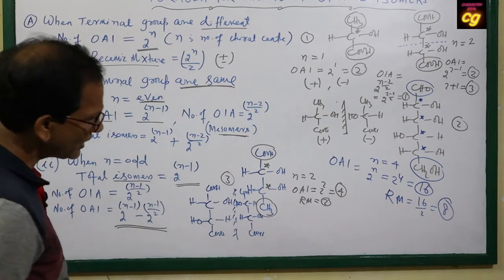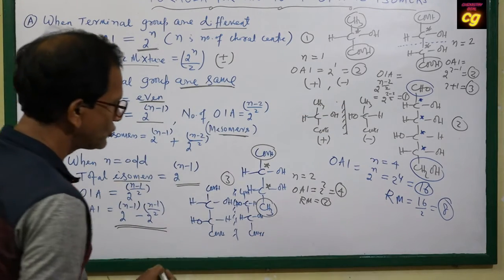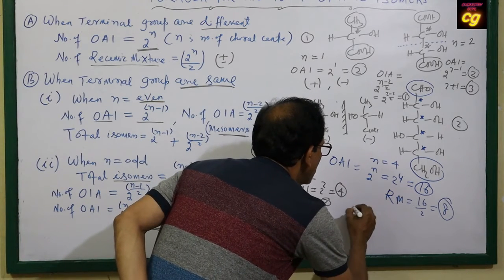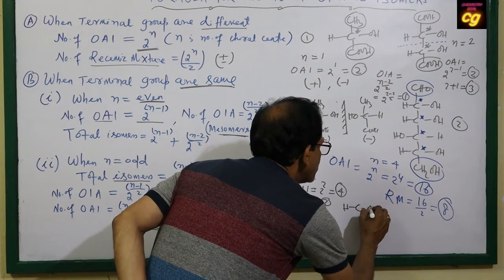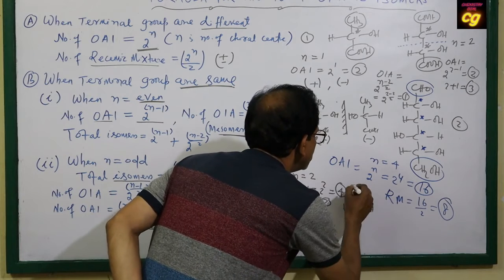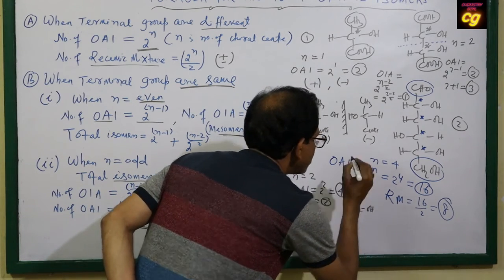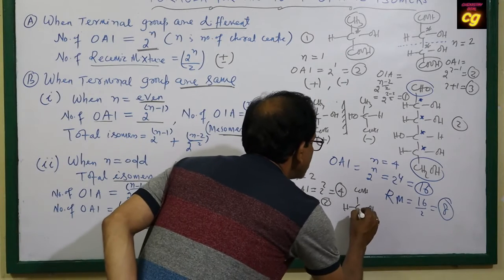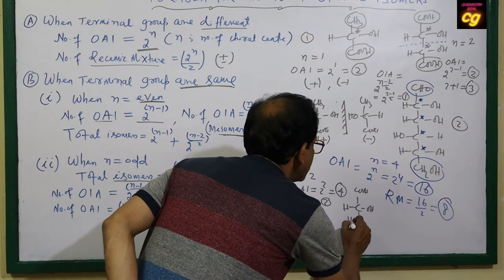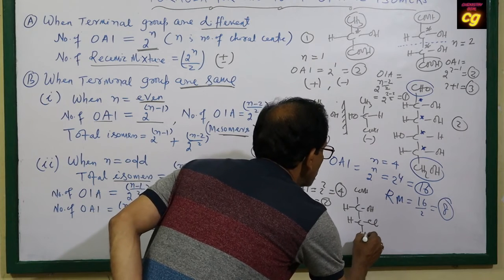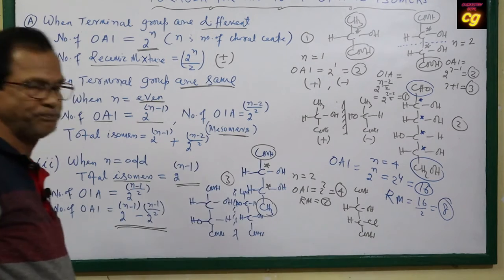If you take one example, suppose this is the case: HOH and COH, and in this case this is H and this is Cl and this is COH.